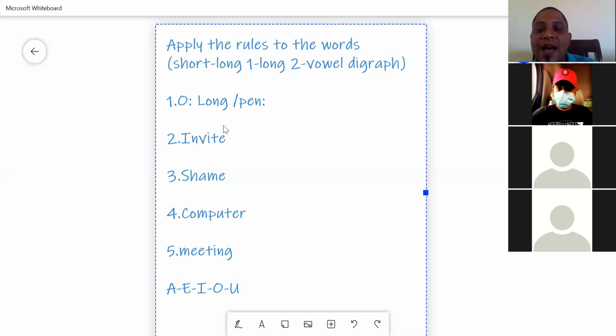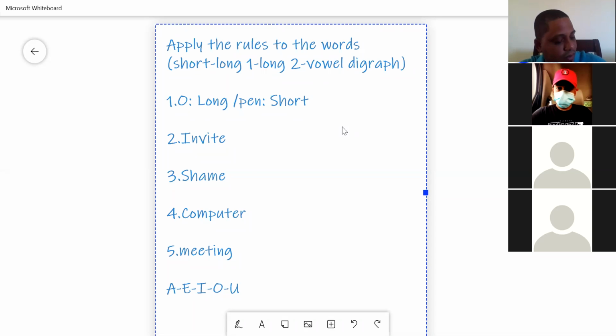Then we have the second syllable. What do you have on the second syllable? What rule? Short, yes. And why do you have short in there? Because you have only one vowel and two consonants. Yes, and where is the vowel?